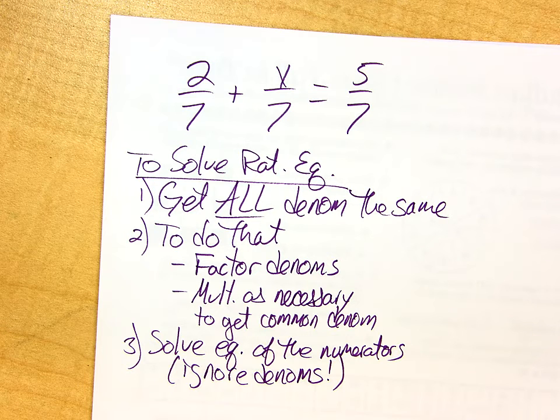And that's it. So we only have a couple steps. They're not impossible. I just have to make sure that I'm doing it in the right order. If I already have common denominators, great, I'm ready to go. If I don't, I'm going to try and get them. Hopefully it's not too bad. And then I'll just solve the equation of the numerators.